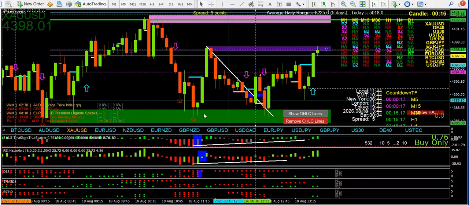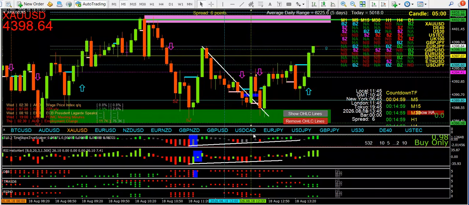I don't really count wicks in my divergence analysis, so the two open close levels, the battlegrounds as I call them, are definitely at the point I was looking at this chart. This was after the trade, looking divergent.